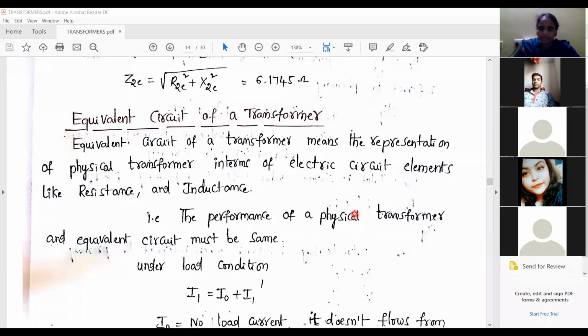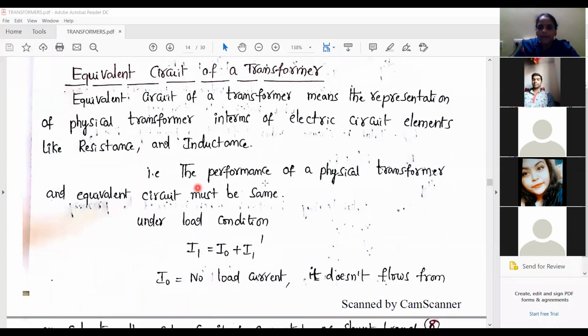The performance of the physical transformer and the equivalent circuit must be the same. Whatever performance we see happening physically in the transformer should be the same in the circuit we are connecting. Is it clear?